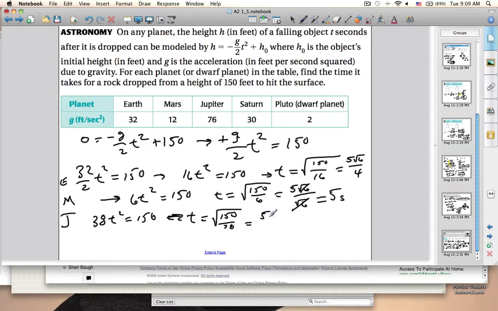So that's, again, 5 root 6. Now 38, I'm trying to think of all the perfect squares that fit into 38. Half of 38 is 19. So if I were to do a factor tree, I'd have 2 times 19. 19's a prime number. So I don't have any perfect squares in 38.